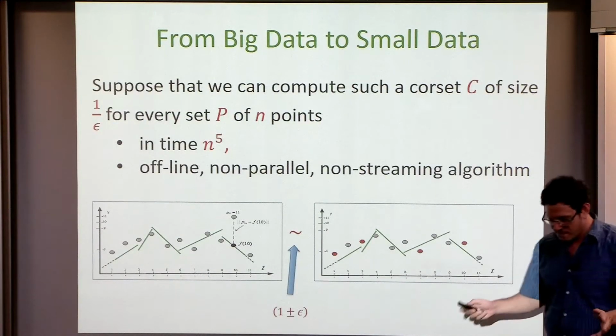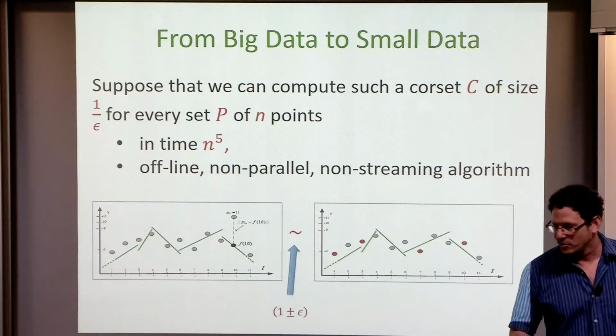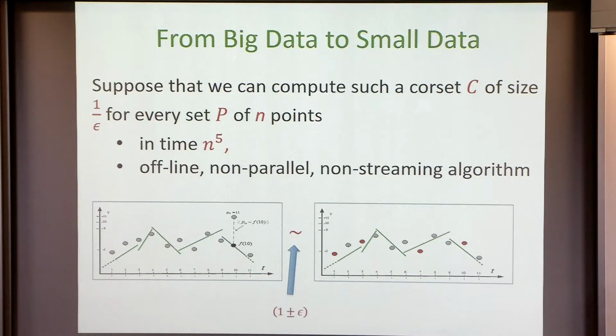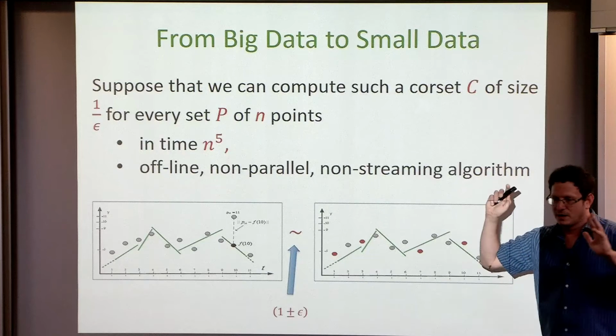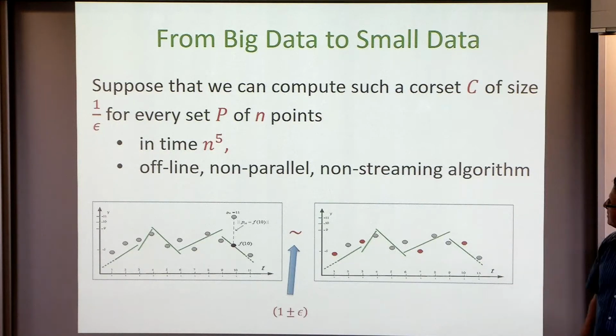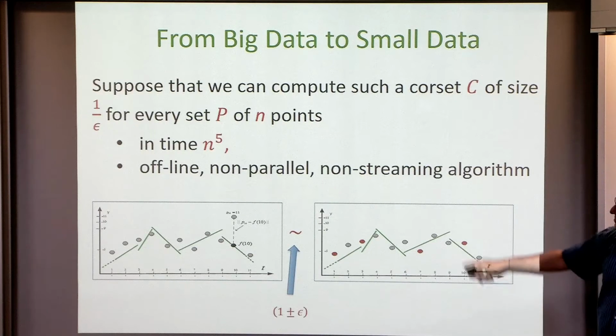One of the main features these days for coresets in the context of big data and machine learning is a technique that's actually very well known in theoretical computer science, called merge and reduce, from the 70s by Sachs and Barton. And it tells you the following. Suppose that you write a Python or MATLAB code, a few lines, that knows how to compute a coreset of size 1/epsilon for a set of n points.